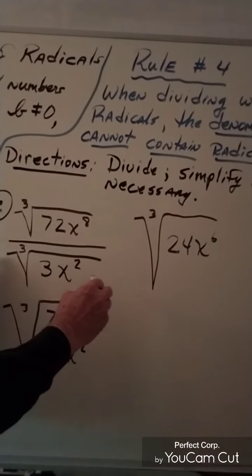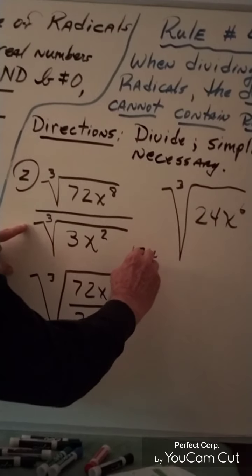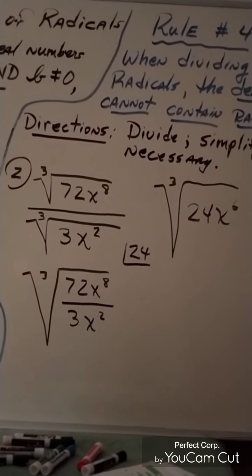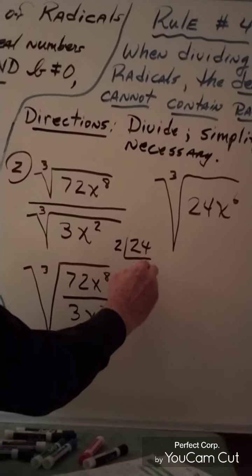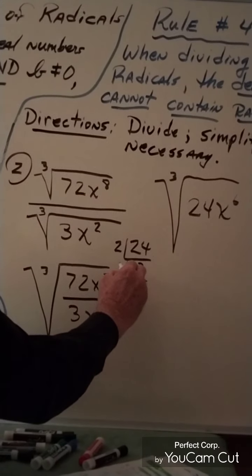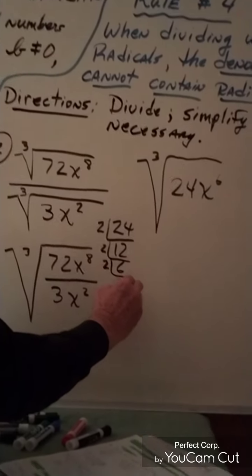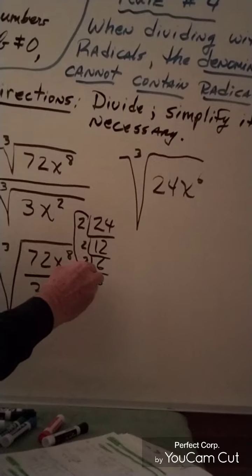Now, I'm going to come right down over here, and I'm going to write down that 24, and I'm going to prime factor it. Then we'll see if it's got a perfect cube factor. We can put a 2 into it. That'll be 12. We can do another 2, and that'll be 6. We can do a third 2, and that'll get it down to 3. And we have enough.